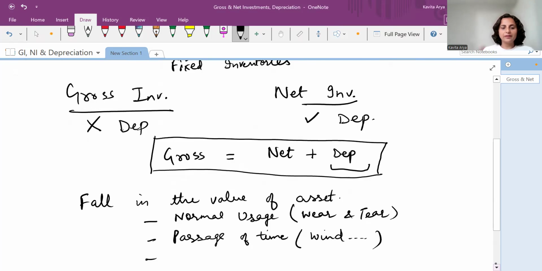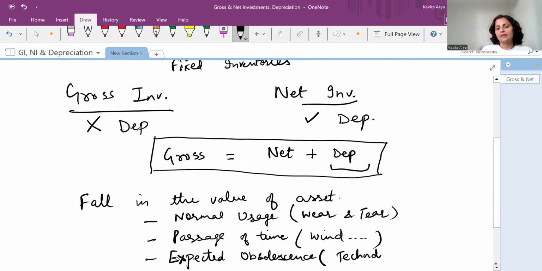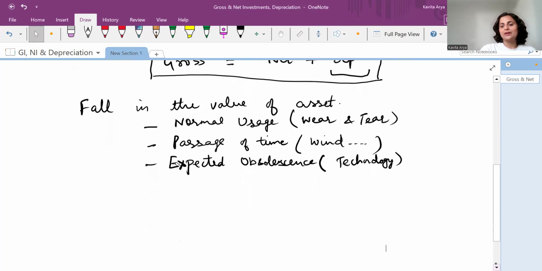And then we have the third, which is expected obsolescence. What do you mean by expected obsolescence? Expected means it has to happen. It would come, because of the technology part. The technology we have today is expected to downgrade with the passage of time.